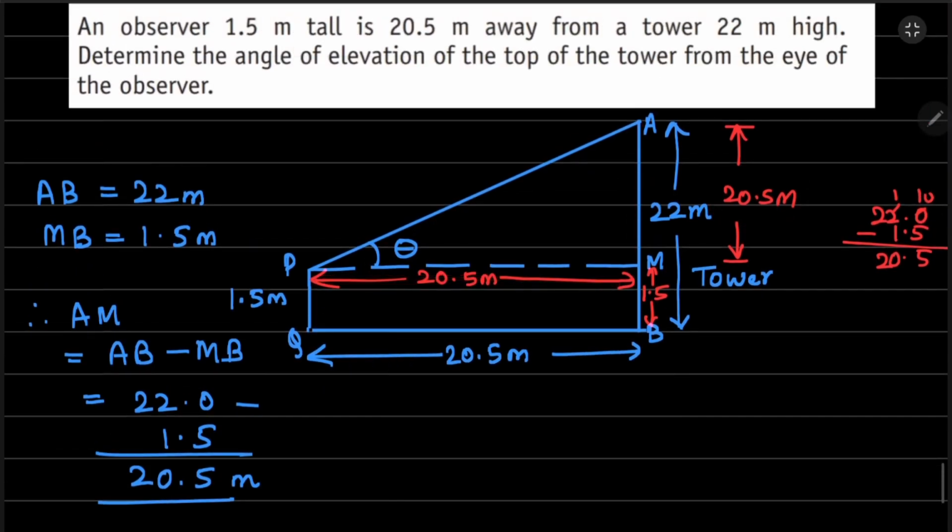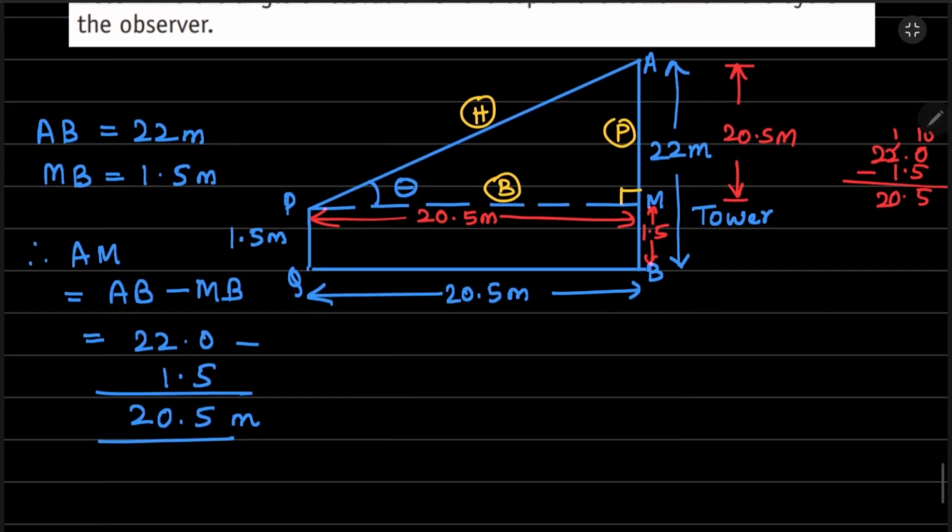PM is nothing but 20.5. So, which is the hypotenuse here? This is your 90 degree. This happens to be the hypotenuse. This is your theta angle. Therefore, this will be your perpendicular and this is your base. Perpendicular and base are known to you. So in triangle APM, we can see that tan of theta is equal to perpendicular by base.